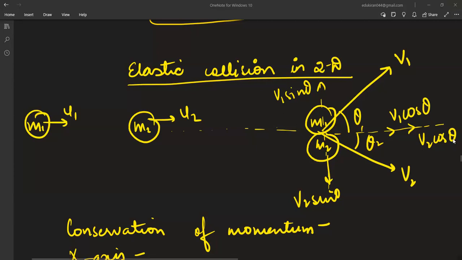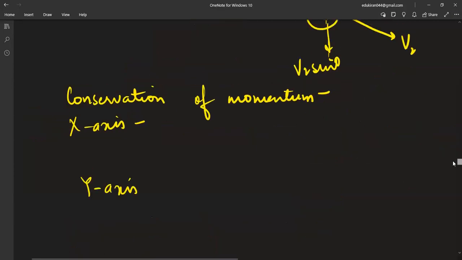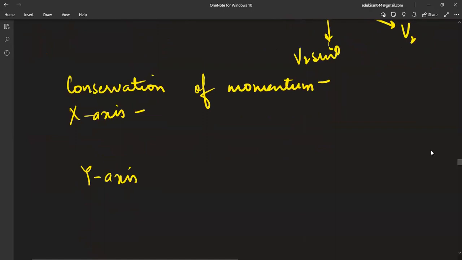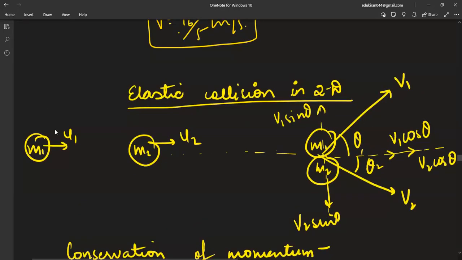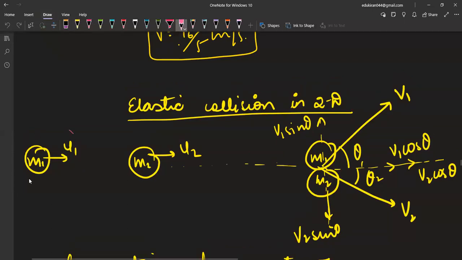Now we have to resolve both the velocities and calculate momentum along different axes. First, along the x-axis, what do we have initially? Here we have M1U1, and this is M2U2.